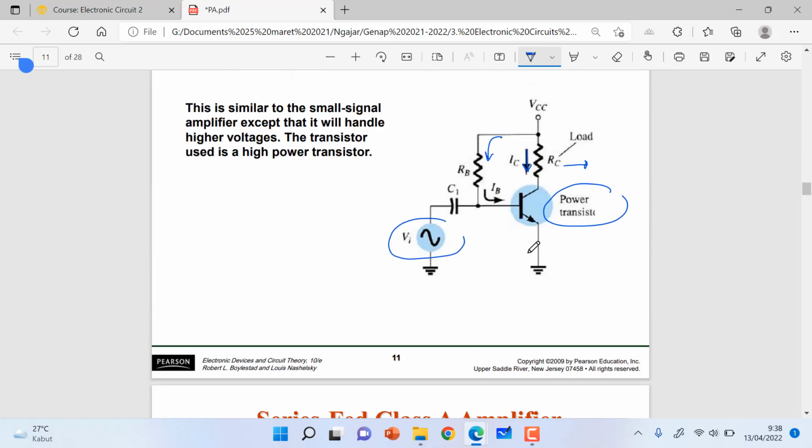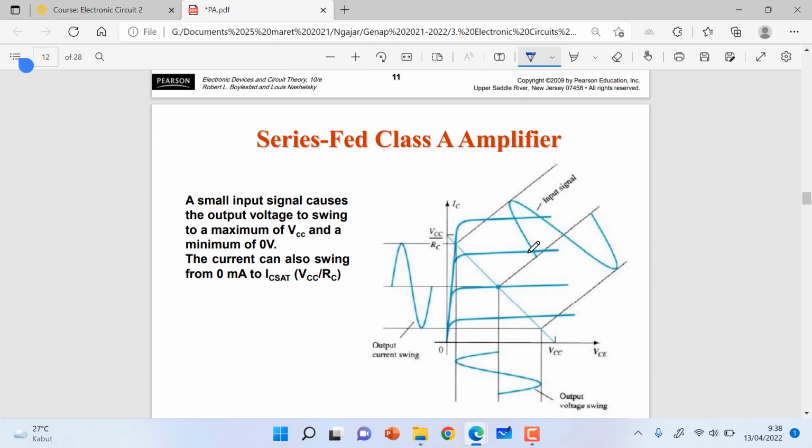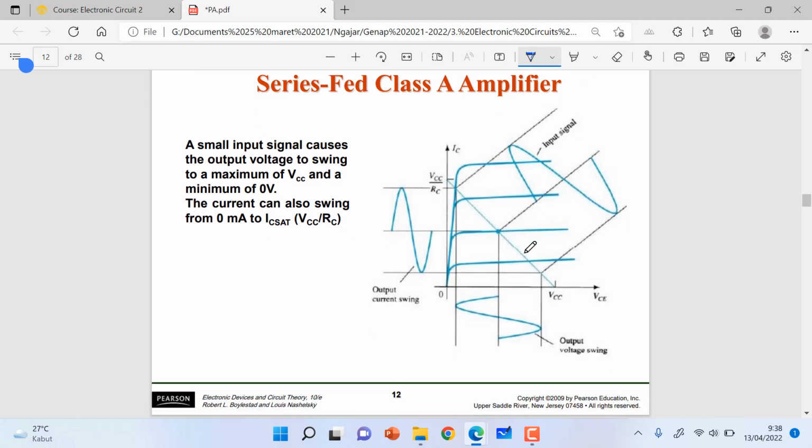If we use a class A amplifier, we draw the IV characteristic like this, and we put the Q point in the middle of the load line. This is the IB, this is the IC, and this is the VCE.